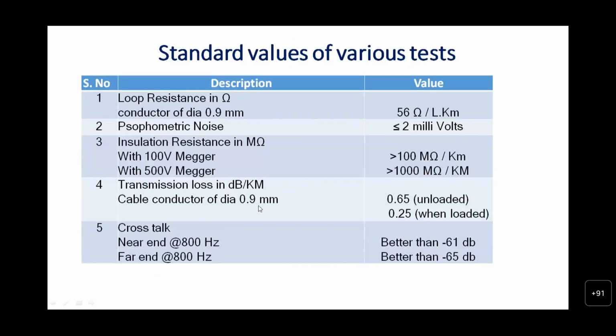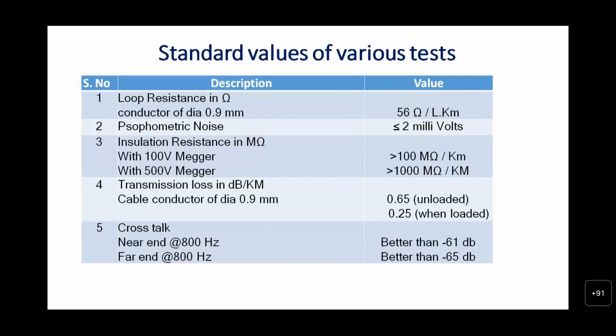Standard values of the various tests. The loop resistance for the conductor of 0.9 mm is 56 ohms per loop kilometer. The psophometric noise shall be less than or equal to 2 millivolts. Insulation resistance with a 100 volt Megger is more than 100 megaohms per kilometer.